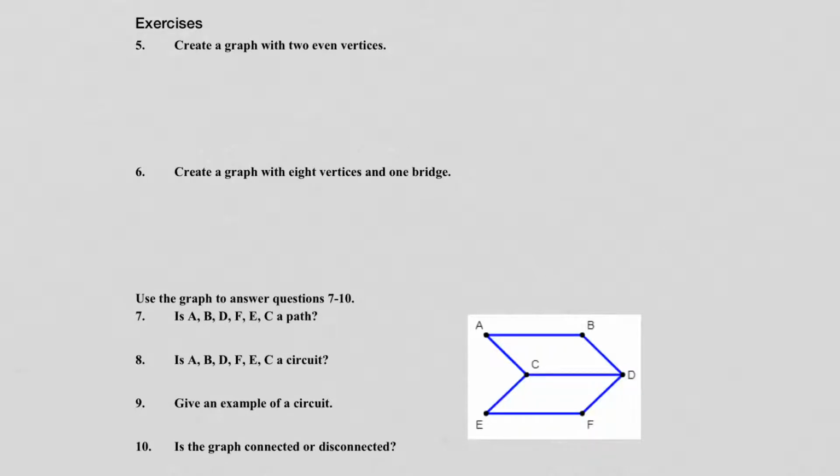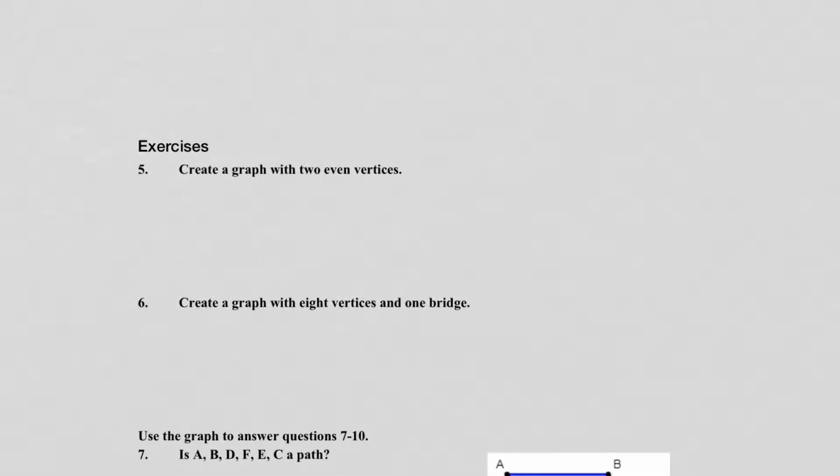Last time was 2 even, 2 odd, and there are different answers. Right now, that's 2, 2, 2, 2. 2 paths connecting at each vertex. That's 4 even. So the question was 2 even, 2 odd. Now this is 3 and this is 3. 2 even, 2 odd.